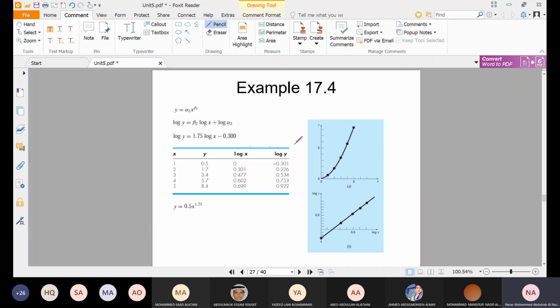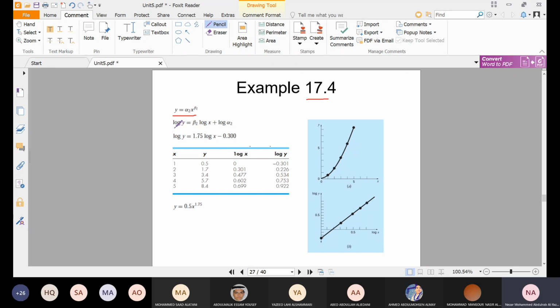This is an example from the textbook, example 17.4. It gives this polynomial, and the question is how to find the curve fit of it. One way: because here we have a power function, we apply log base 10 on both sides.